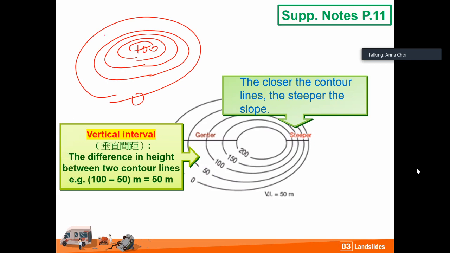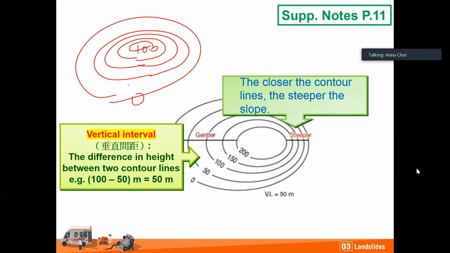What is the vertical interval then? 20? Let's see, here we got 1, 2, 3, 4. 25.